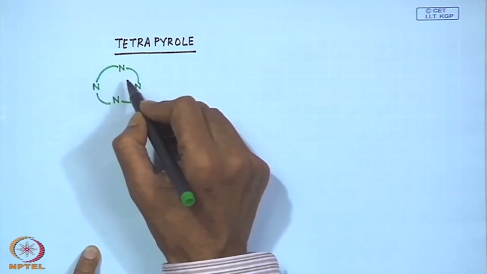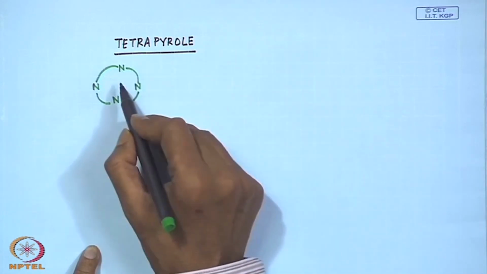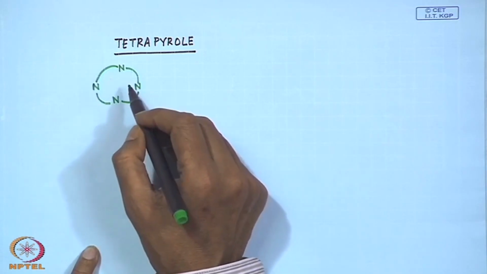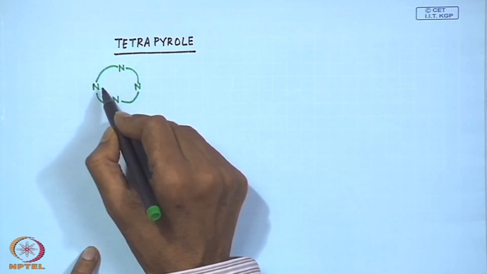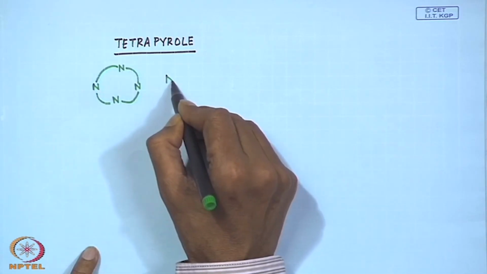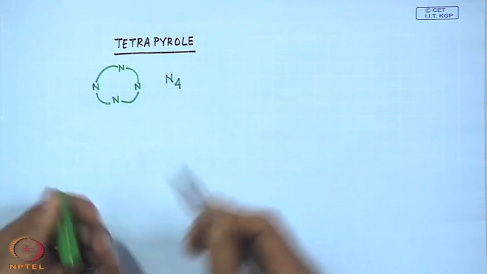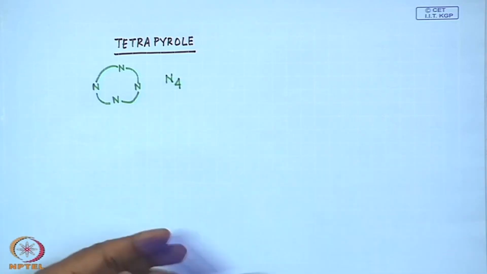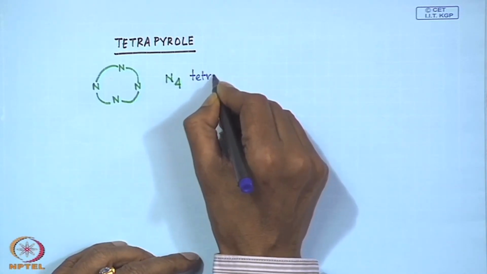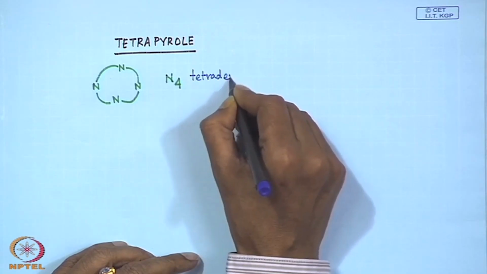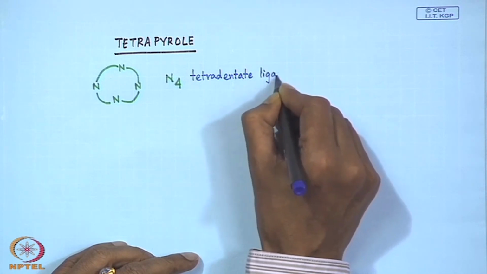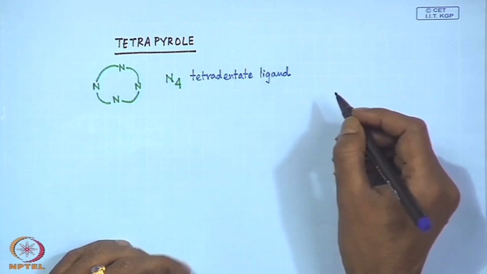So, knowing that thing, that what we have seen, the terpyridyl, bipyridyl, triethylenetetramine and so many types of ligands we have discussed so far, this immediately tells us that if all the 4 nitrogen donor atoms are utilized for metal coordination, we get a typically N4 tetradentate ligand system.